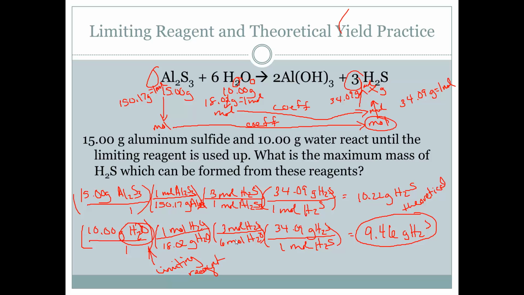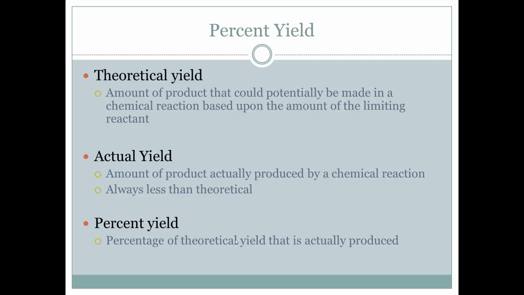Alright, so let's explore this a little bit more. We're going to talk about the percent yield now. So how much we actually produced when we were supposed to produce another amount. How much of the maximum did we actually produce? So theoretical yield, the amount of the product that could potentially be made in a chemical reaction based on the amount of the limiting reactant. The actual yield, however, is the amount of the product actually produced by the chemical reaction.